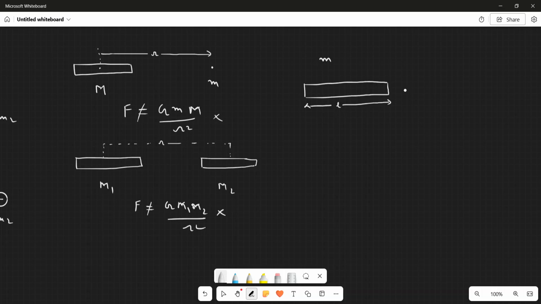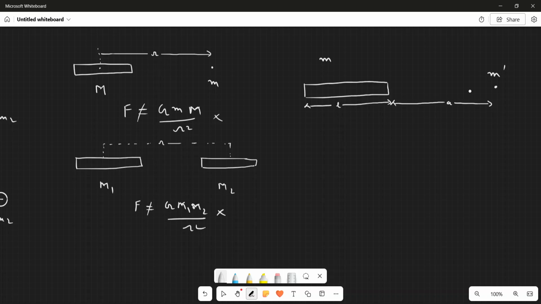And at a distance of a from here, I kept a small particle. Let's say the mass of this small particle is m dash. Now we have to find the gravitational force that is existing between these two.